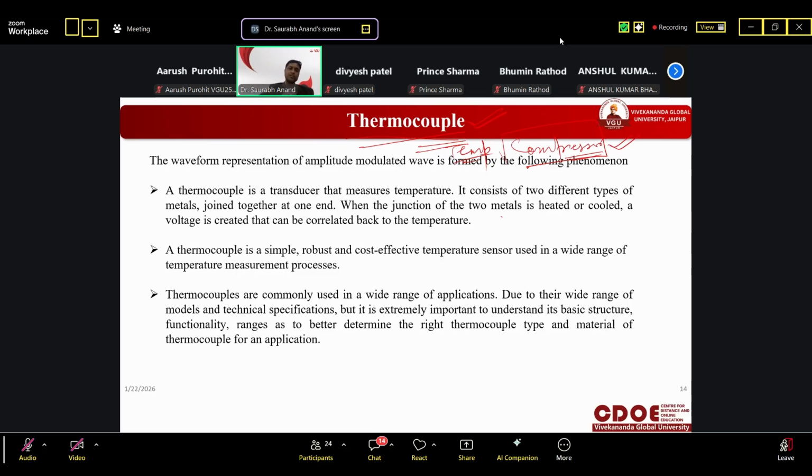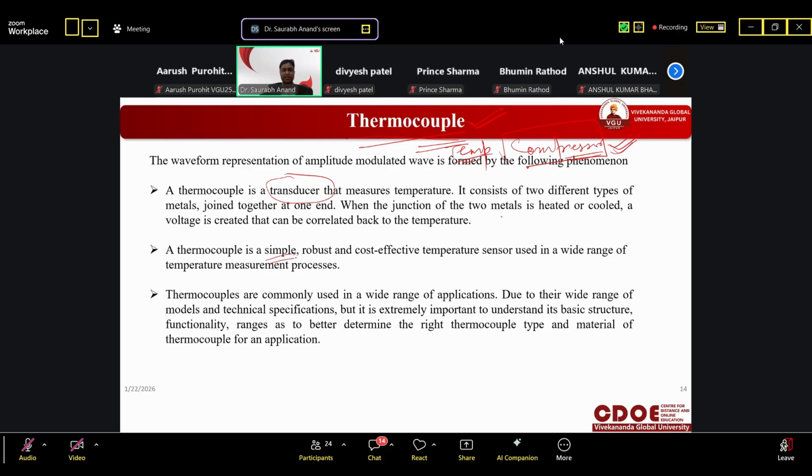So thermocouple is the transducer which is converting the temperature into electrical form. Why electrical? Because the compressor will be started through an electrical signal. Electrical form should be given to it, so it will convert into electrical. So this is the transducer.